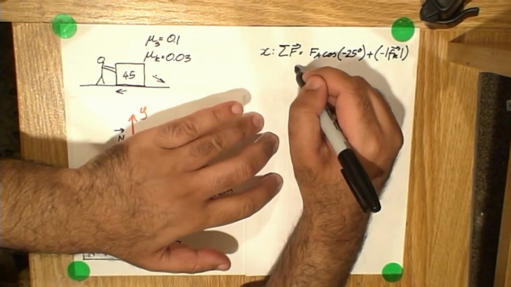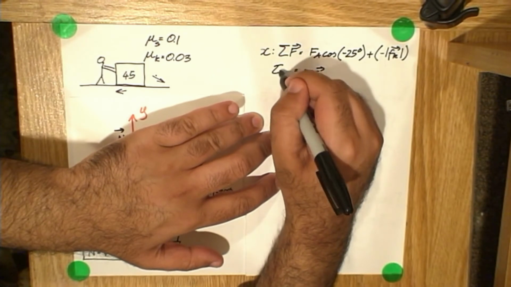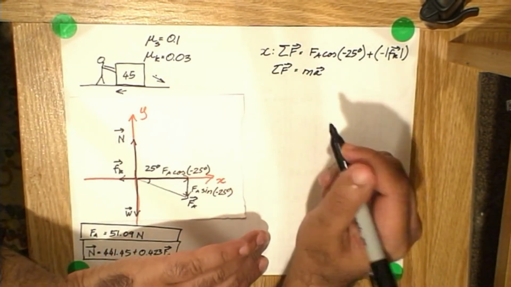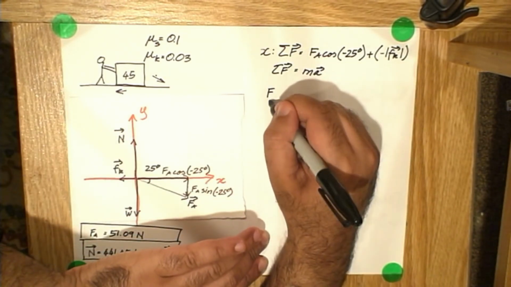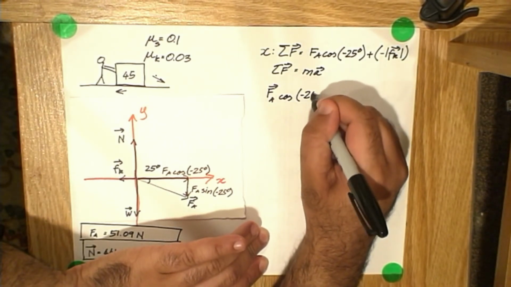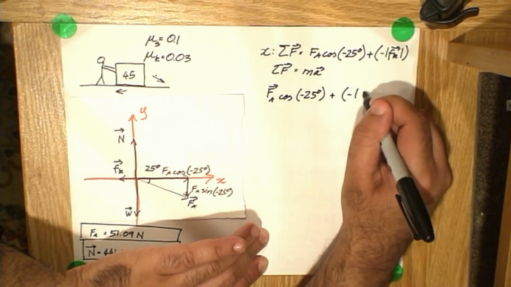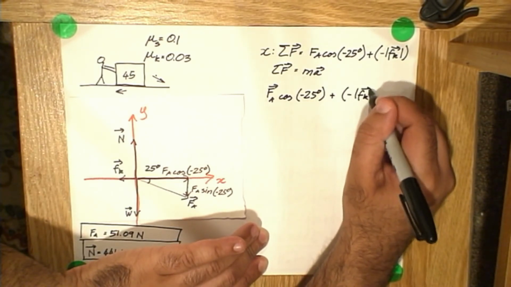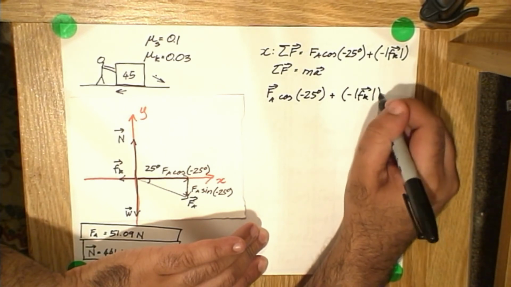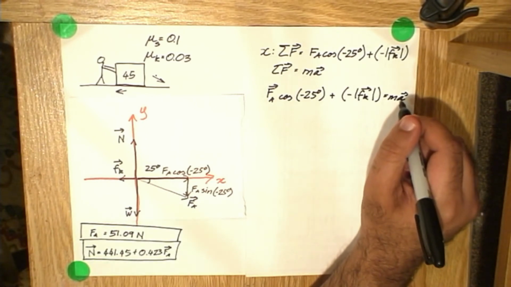And all of this is equal to mass times acceleration. So now we have Fa cos negative 25 plus the negative Fk is equal to mass times acceleration, and we're looking for the acceleration.